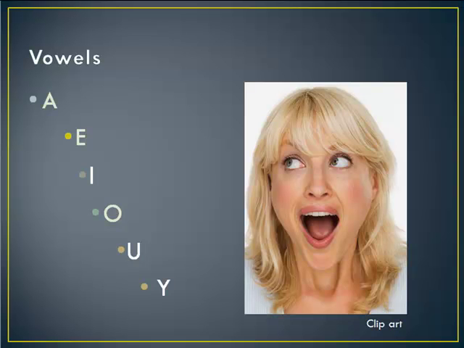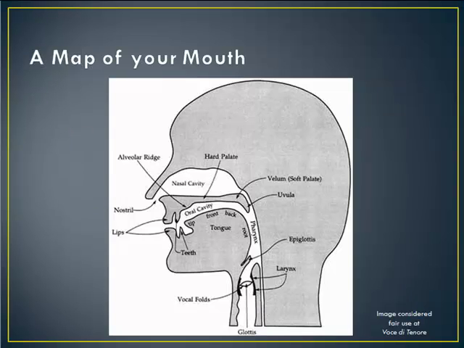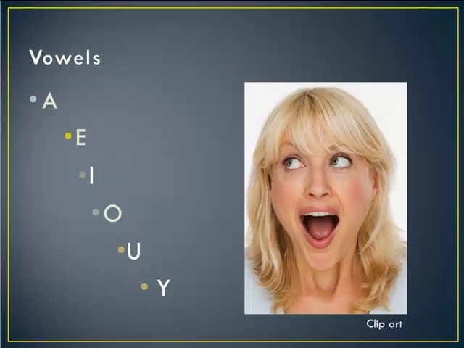There are 6 vowels in the English language, and all a vowel is air that came through the nose or through the mouth without being stopped. Say them with me. A, E, I, O, U, Y.